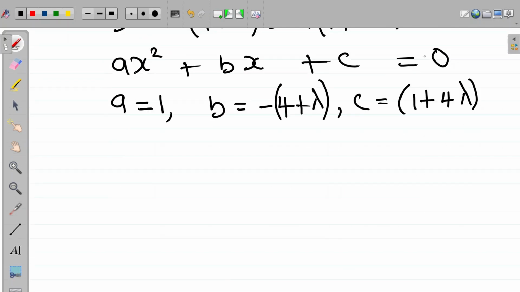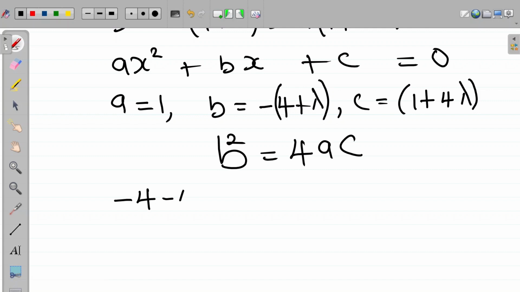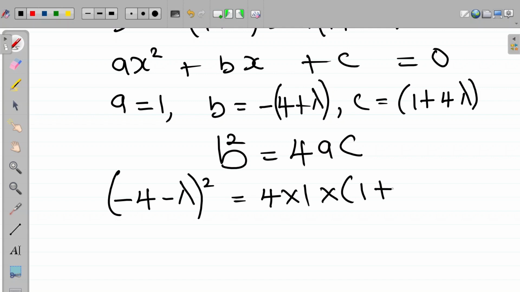Now, recall that for equal roots, b squared is equal to 4ac. Now, if we substitute, we have that (minus 4 minus lambda) all squared is equal to 4 times 1 times (1 plus 4 lambda).